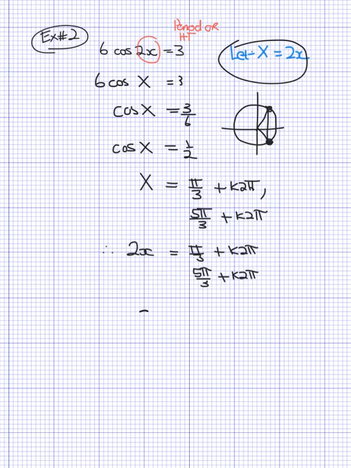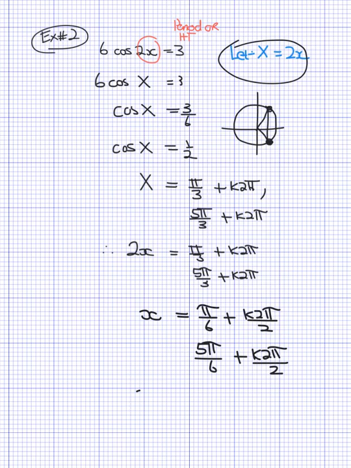To do that, I'm going to divide by 2. So x is going to equal pi on 6 plus k2 pi over 2. If I divide by 2, I have to divide both of them by 2. And then 5 pi on 6 plus k2 pi on 2. You might be wondering, where's the pi on 6 coming from? Well, that's pi on 3 divided by 2.